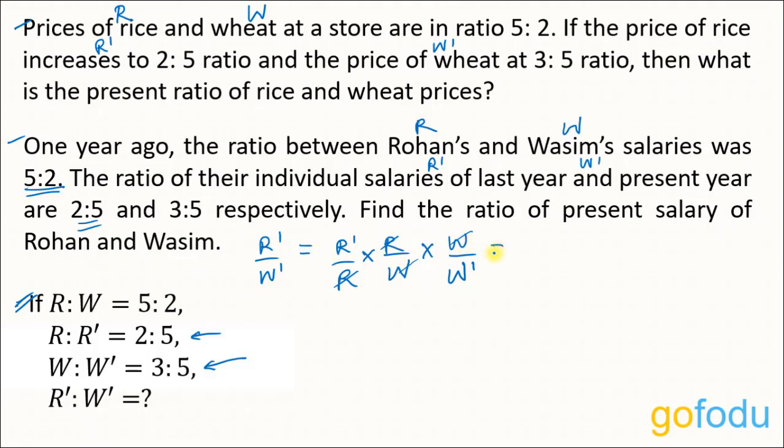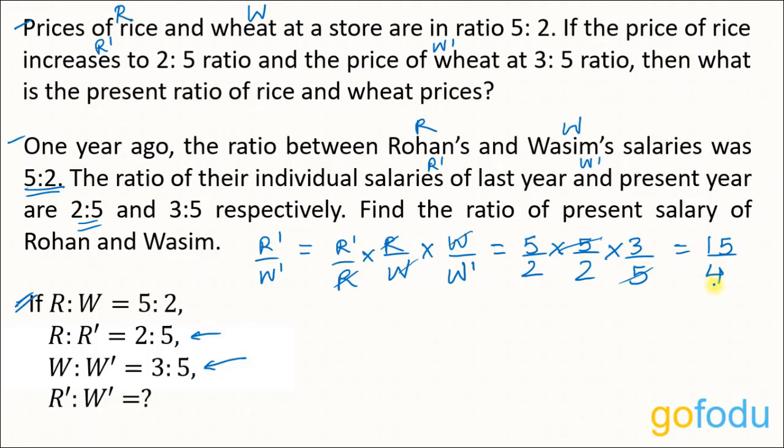Now R upon R dash is 2:5, so R dash upon R would be 5/2, into R upon W, which we have as 5:2, into W upon W dash, which is given as 3:5, so this would be 3/5. This comes out to be 15/4. 15:4 would be the answer.